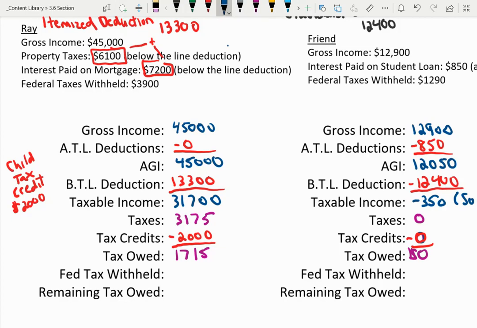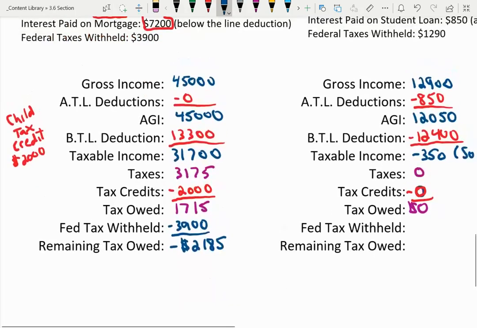So what we're going to do is now subtract 3,900. Okay, that was the taxes withheld, and let's see what that comes up with. All right, that ends up giving us a negative 2,185. So now Ray is going to be refunded this much money.